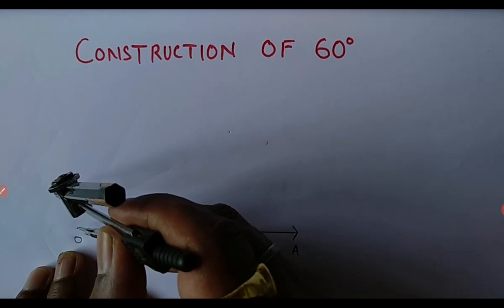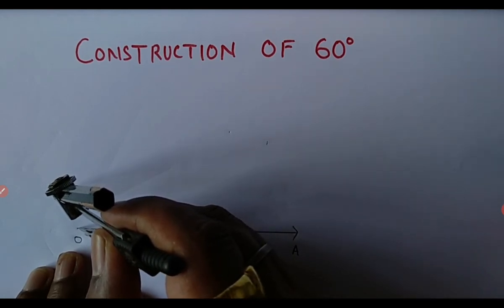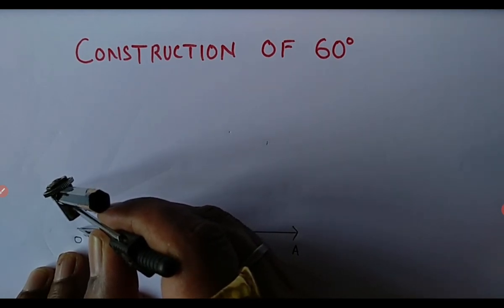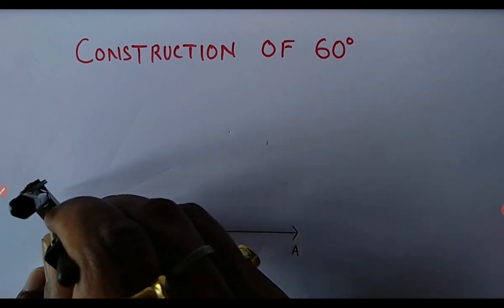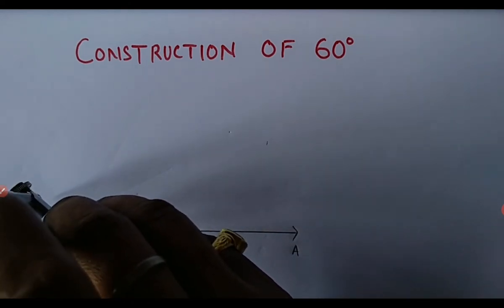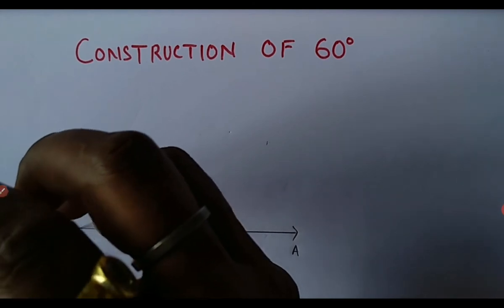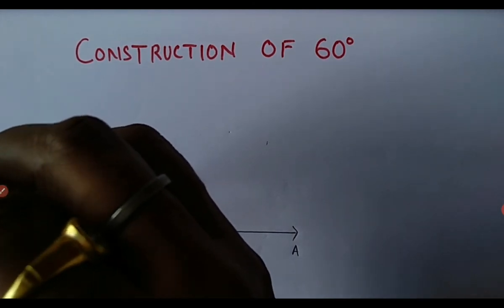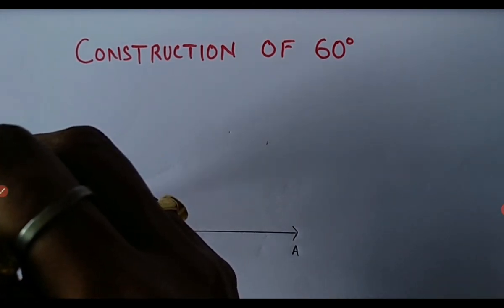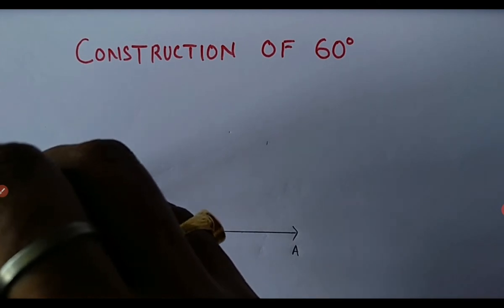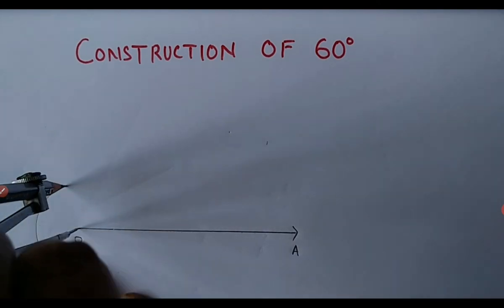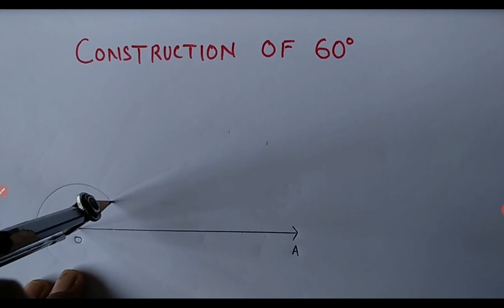So I shall keep the tip of the compass at the initial point O, that will become my vertex. Then I'll draw one arc such that it intersects the ray at one point.